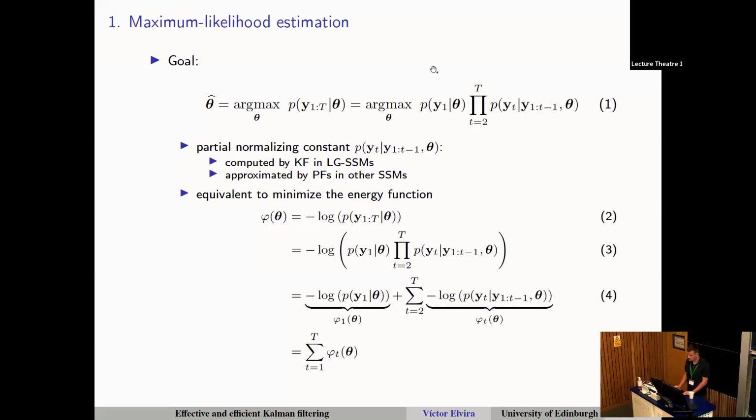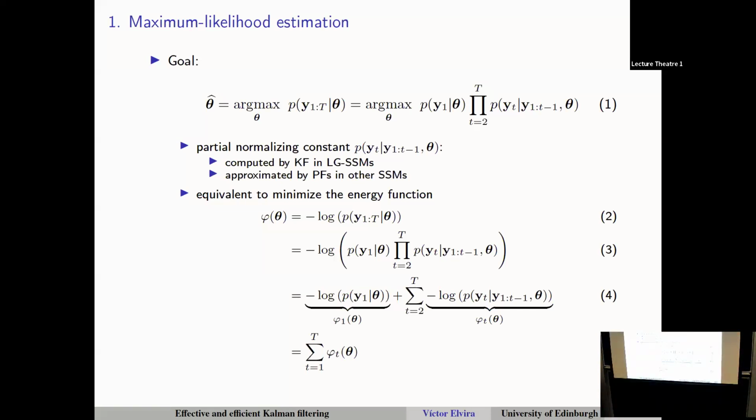Why the normalizing constant? I will try to not use much the blackboard, sorry, online people, because I think they cannot see it here. But if you are interested in this object here, then this is simply the joint divided by the object I'm talking about now.